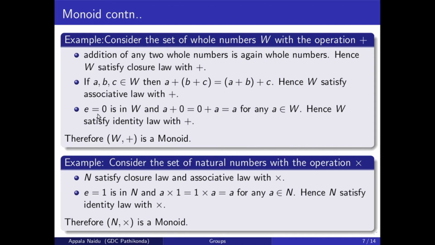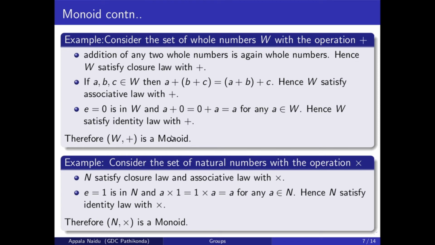So 0 is the identity with the operation plus, and also 0 belongs to W. Therefore W satisfies identity law. So since W satisfies all three laws, W with addition is a monoid.